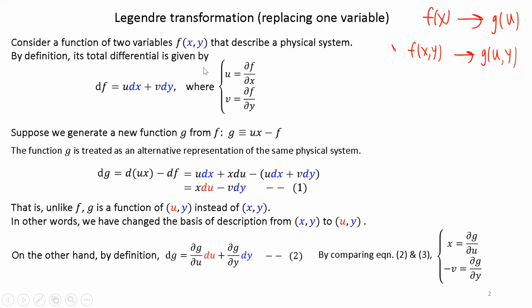The idea is really the same. So now I have these two terms, and then subtract these two terms. Then you see that d g is equal to x d u minus v d y.